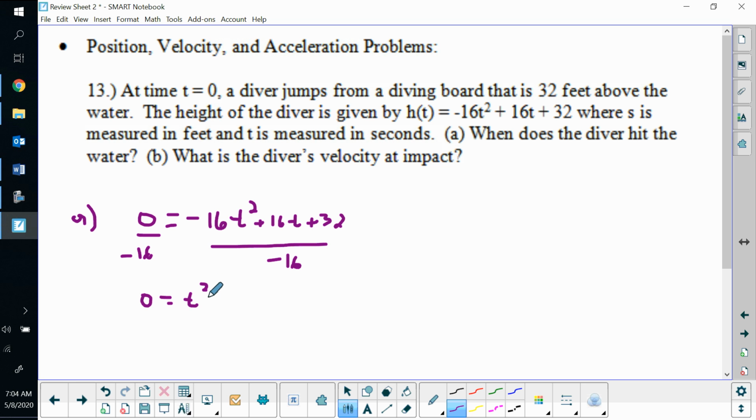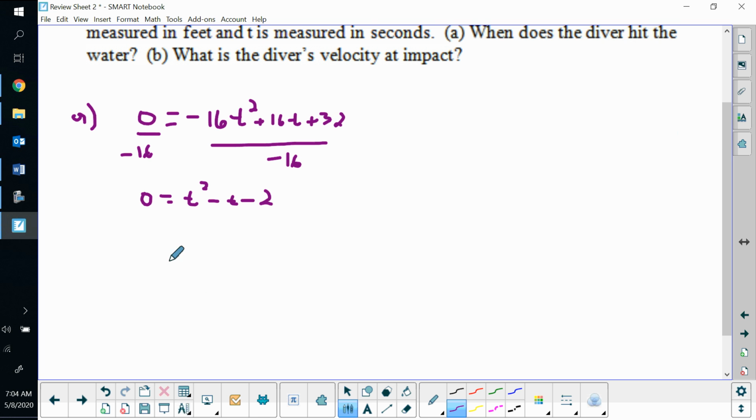So we got t squared minus t minus 2. So we got t minus 2 and t plus 1. So we'll get t equals 2 and t equals -1. Well, time can't be negative, so we'll reject that one. So we got at 2 seconds.